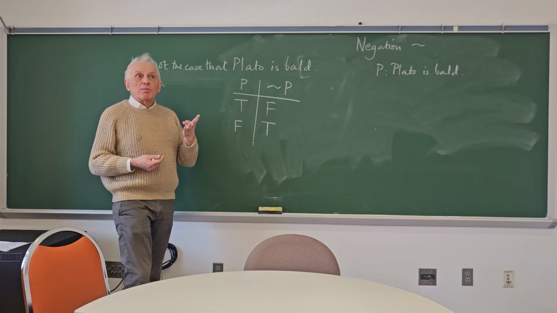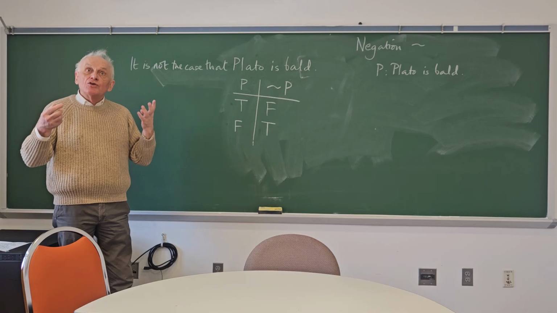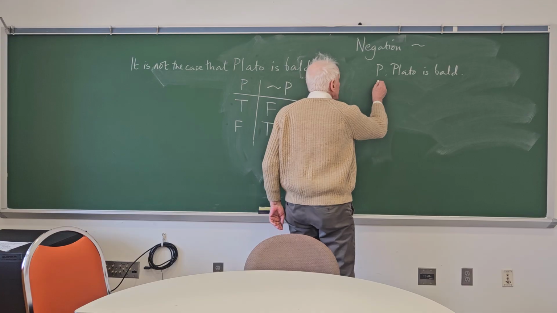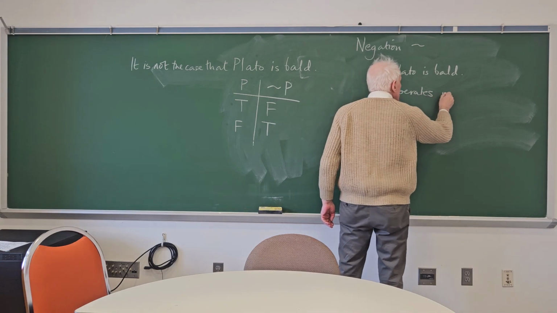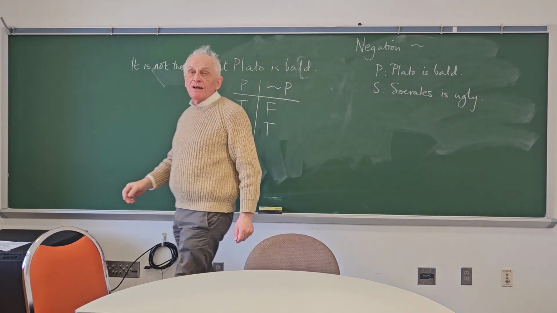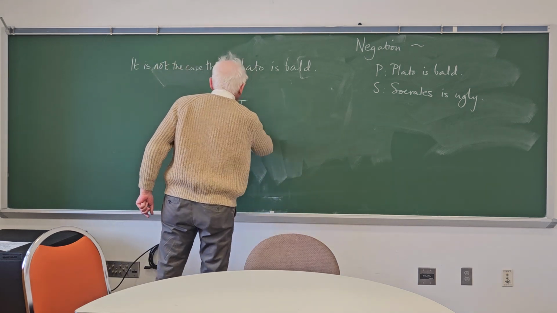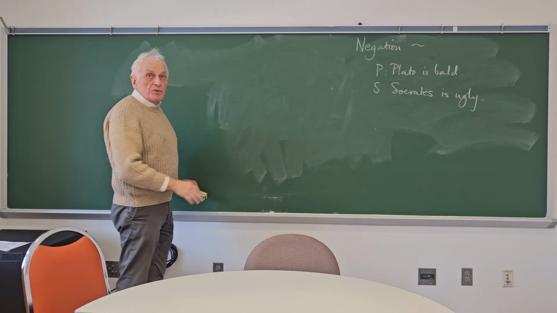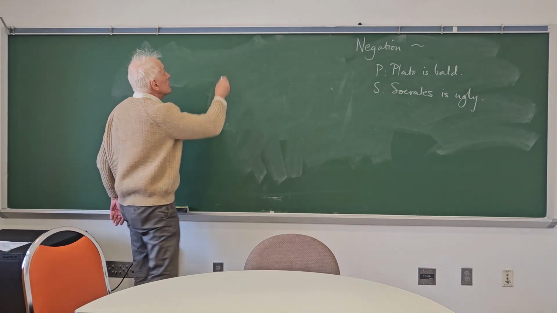Now, the other four logical operators are connectives. They do connect two sentences together. So suppose we have a second sentence. Socrates is ugly. Socrates is famously ugly, and so these two sentences can be connected by a truth functional connective.